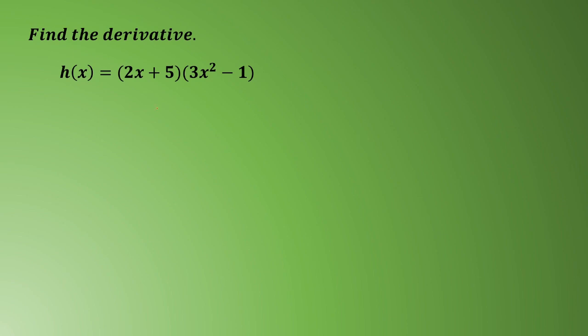Let us use product rule to get the derivative of the given function. So let us use this as u, and this is our v. So remember, we can use the formula u times the derivative of v plus v times the derivative of u.